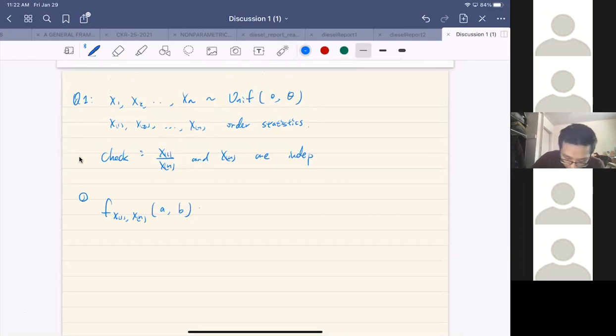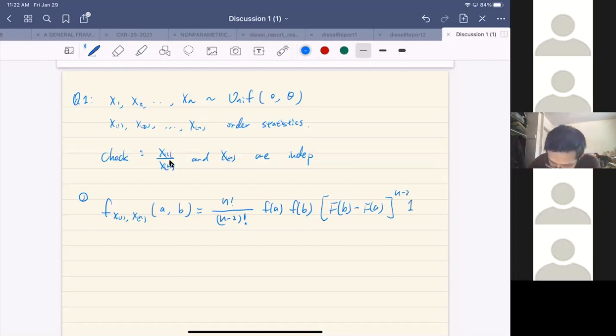This should be equal to n factorial divided by (n minus 2) factorial, times the density of a and the density of b, and the CDF of b minus CDF of a to the power n minus 2. And there's an indicator function, b should be larger than a.